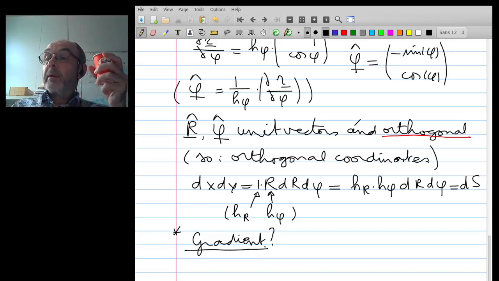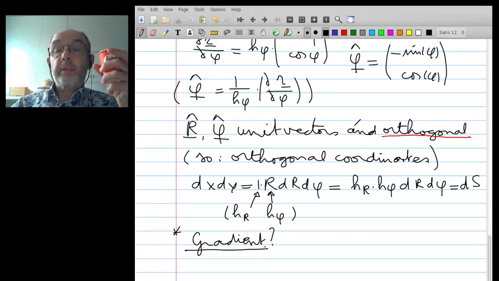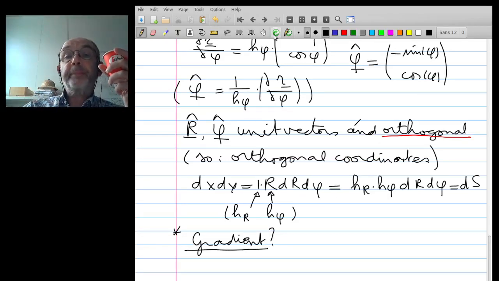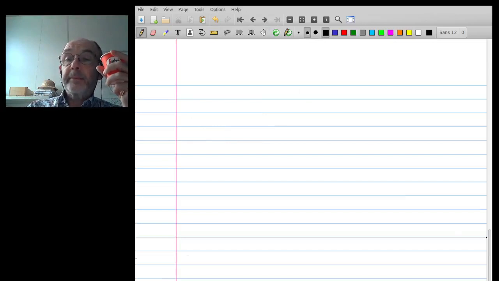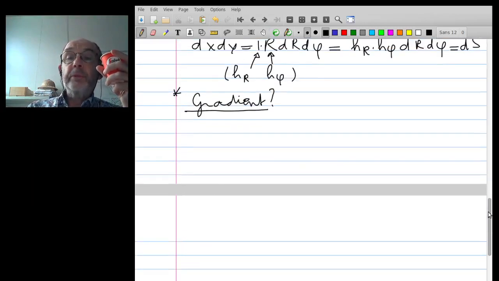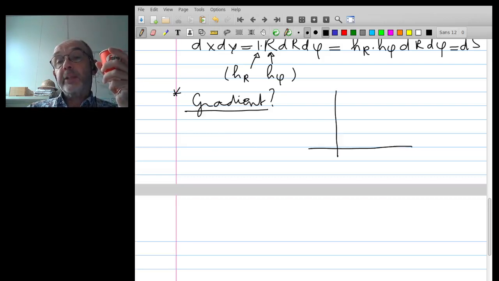Now, what can we do? We can do the following. We have the xy plane.